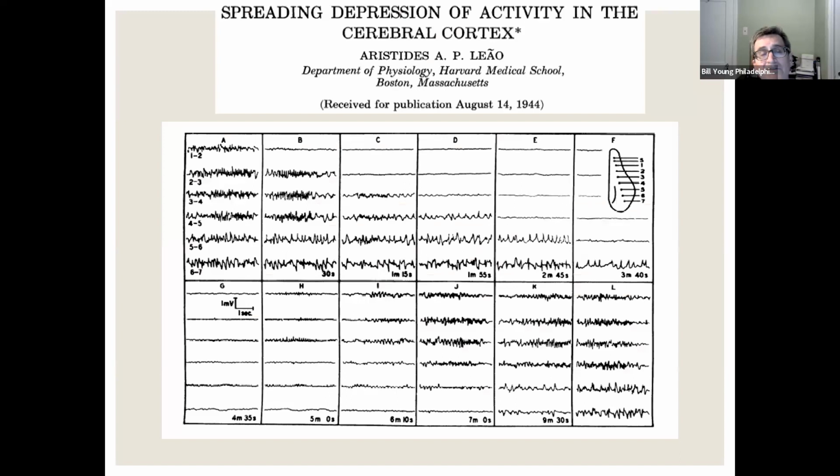And this is what it looks like in a rodent, a cat, actually, so not a rodent. But you can see how the electrical activity goes away in one part of the brain, and it goes away a little bit later in the next part of the brain, and how the same loss of electrical activity recovers in that same sequential way.